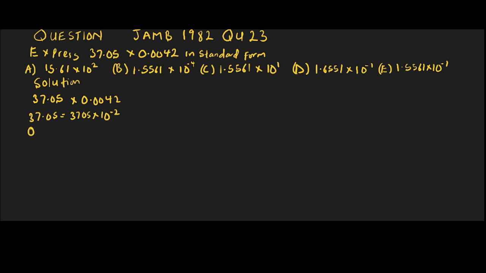Then take the other one, 0.0042. Write it as a whole number. We have 1, 2, 3, that's 4.2 times 10 raised to power minus 3.